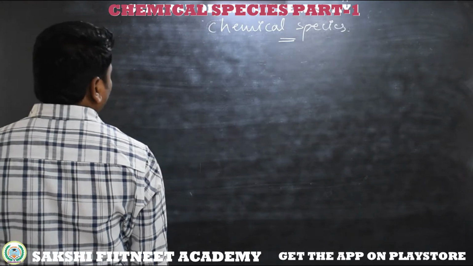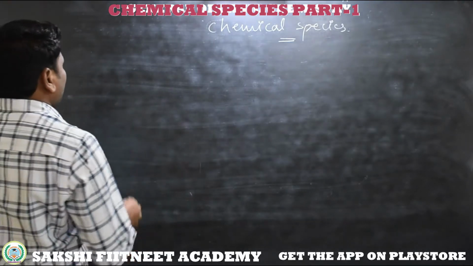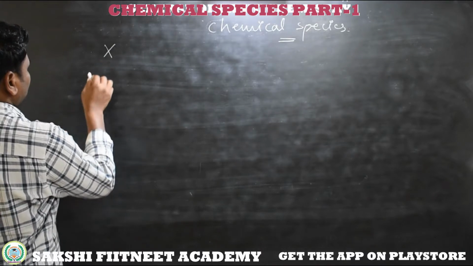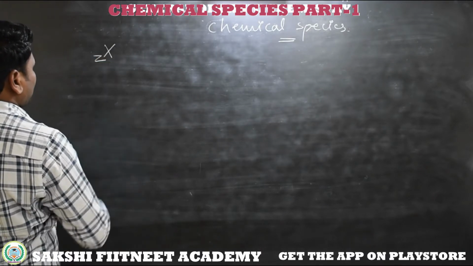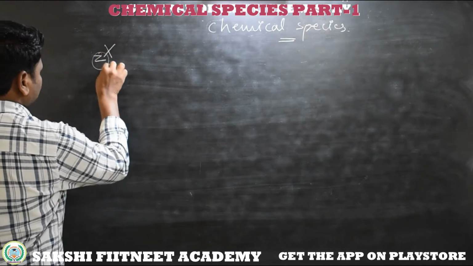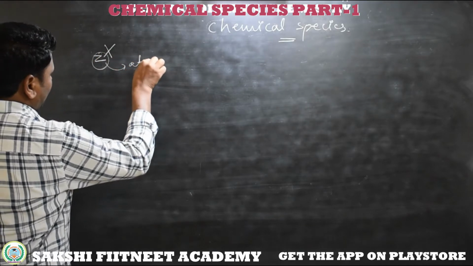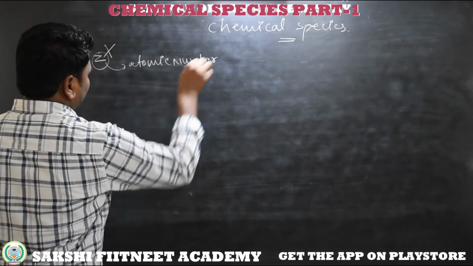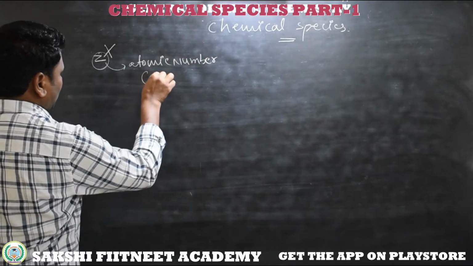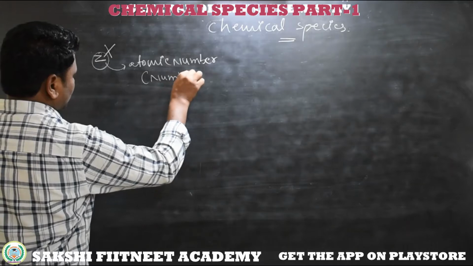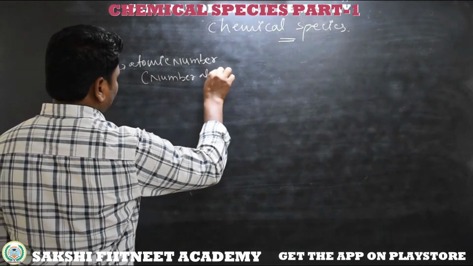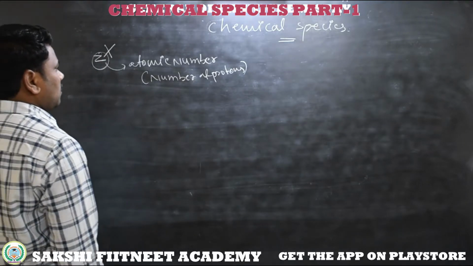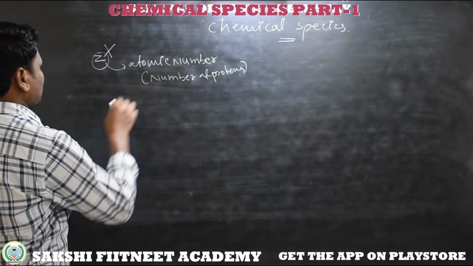Before discussing this, I'm just revising. Assume this element, this atomic number is represented with a Z. So what is atomic number? The number of protons present in the atomic nucleus is called atomic number.